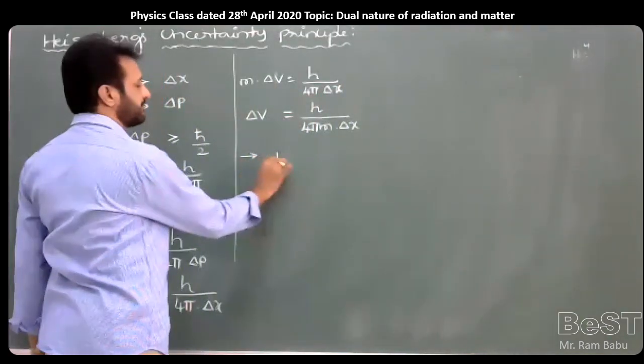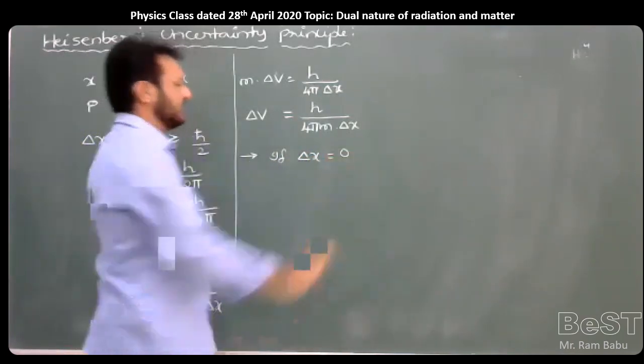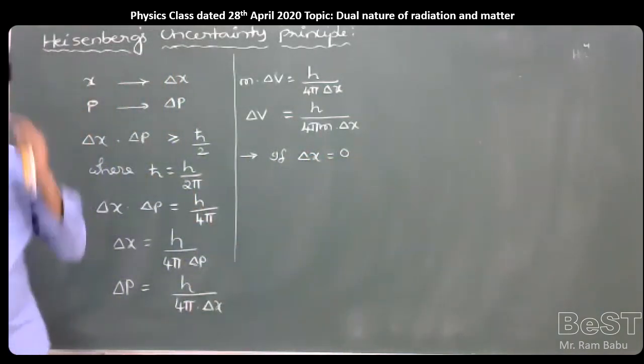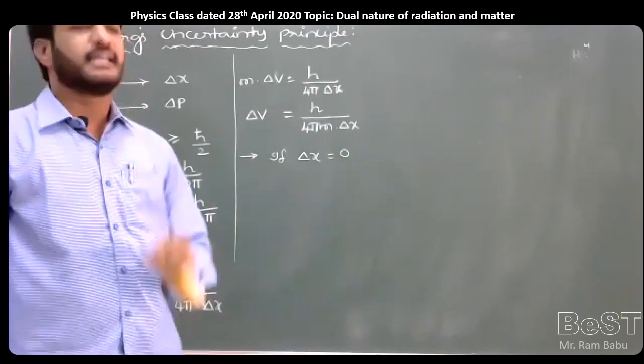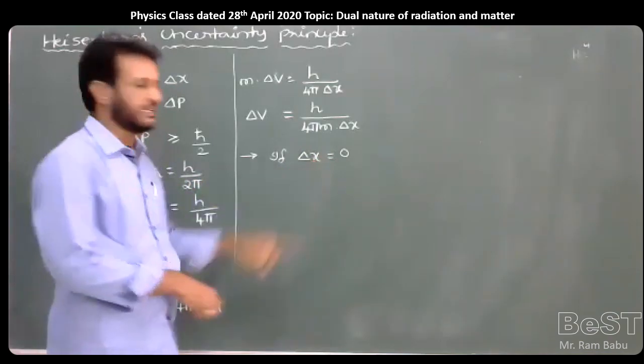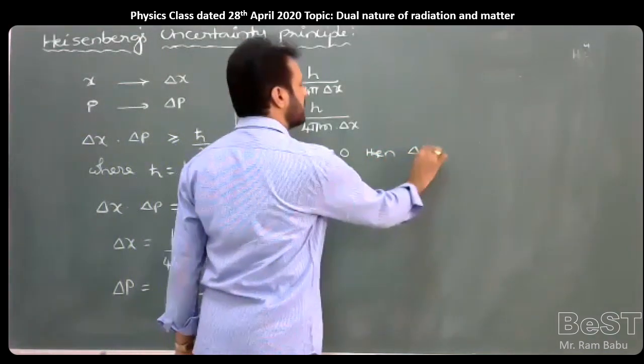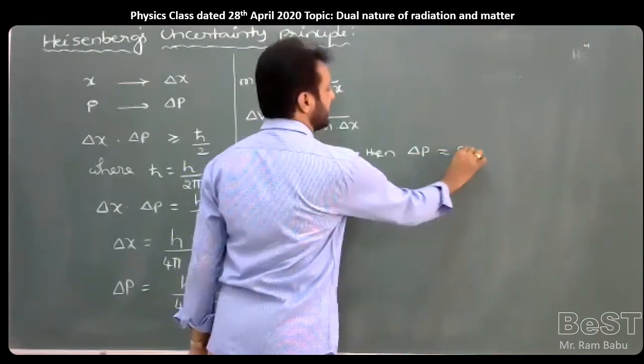So from the Heisenberg uncertainty principle, if delta x is equal to 0, meaning without any error I calculated the position of the particle, then delta p approaches almost infinity.